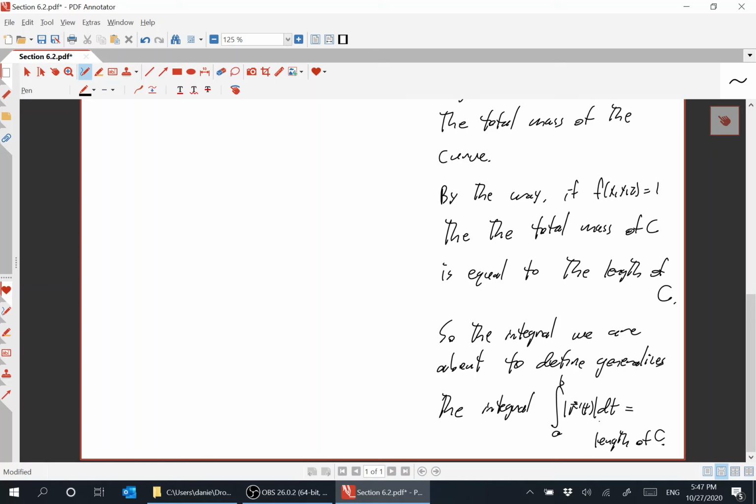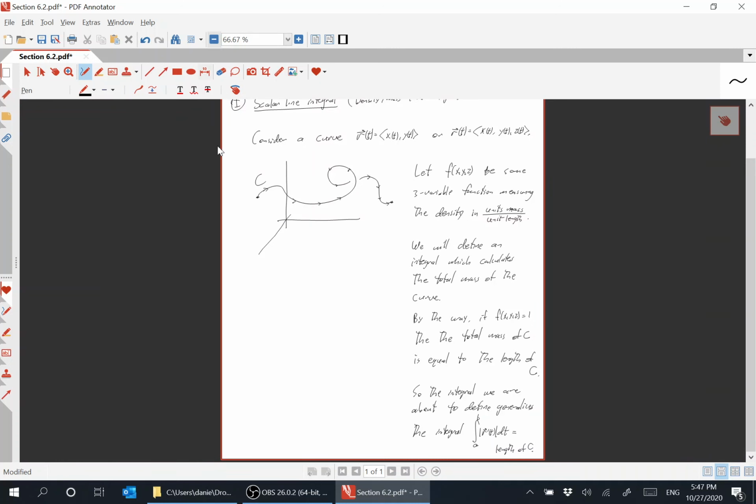Is it 3.2 or 3.4? All the way back in chapter 3. So we're going to get something that generalizes this.